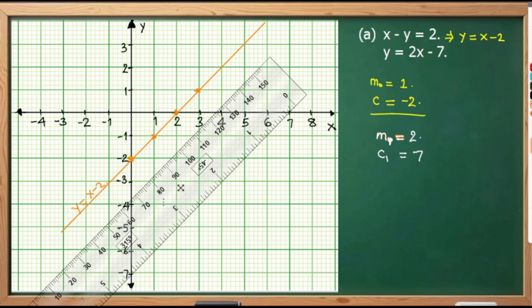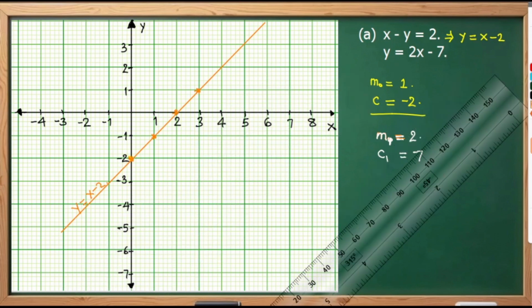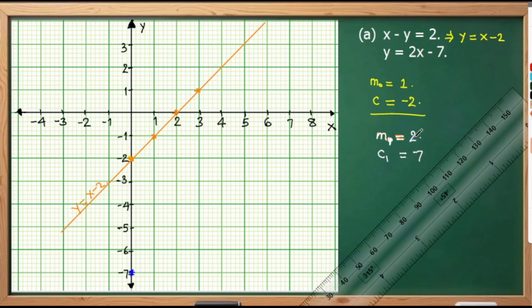So at this point we'll start from negative 7, down here where the line meets the y-axis. Then the next point will rise 2 steps up because our gradient is 2. Now we have 1 and 2, and we run 1 step to the right and plot that point.